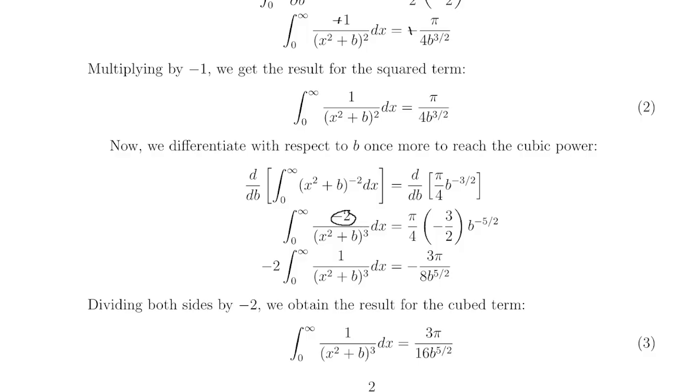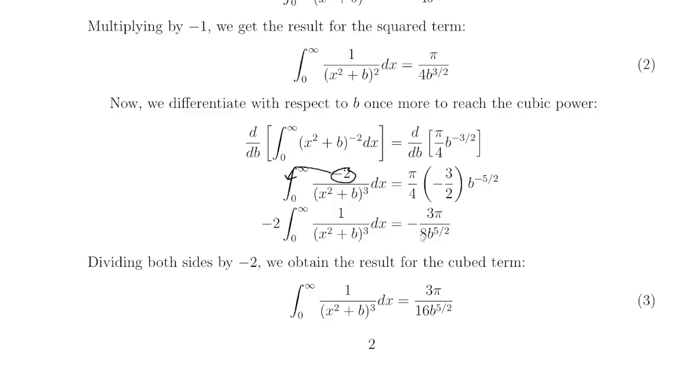But this negative 2 is a constant that comes outside. And I want to get rid of the negative 2 because I had 1 in the numerator. So I'm just going to divide both sides by negative 2. And the negative is going to cancel, multiplying the 8 by 2 to get 3 pi over 16 b to the negative 5/2 power.